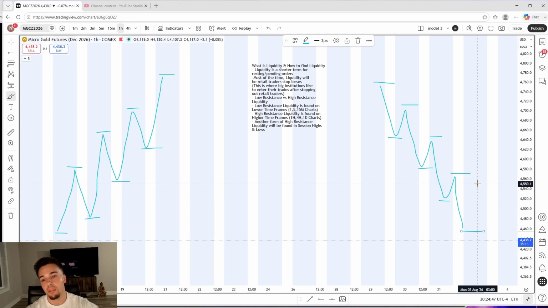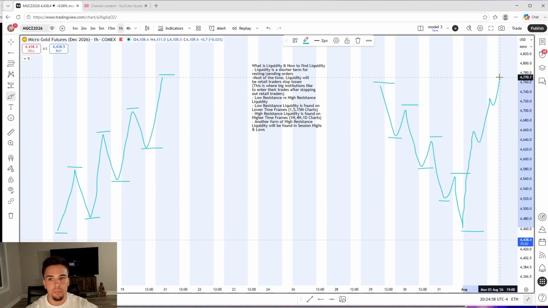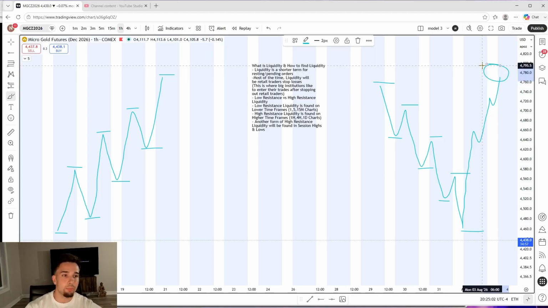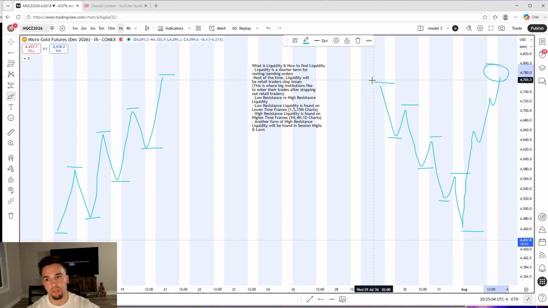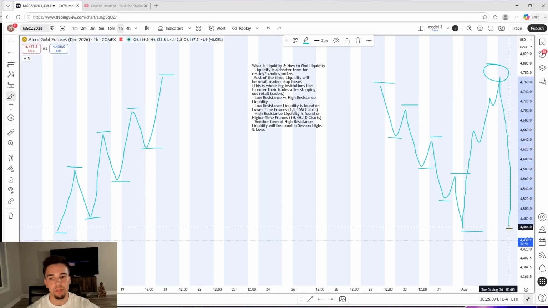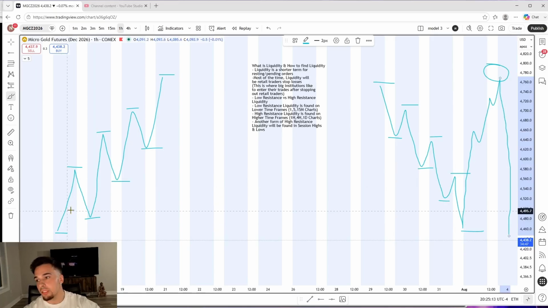What they'll usually do is stack up all these stop losses and push price right through all of them, prior to placing their bigger orders once all the retail traders have been stopped out. Then they'll send price right back down in the direction that they originally wanted it to go.